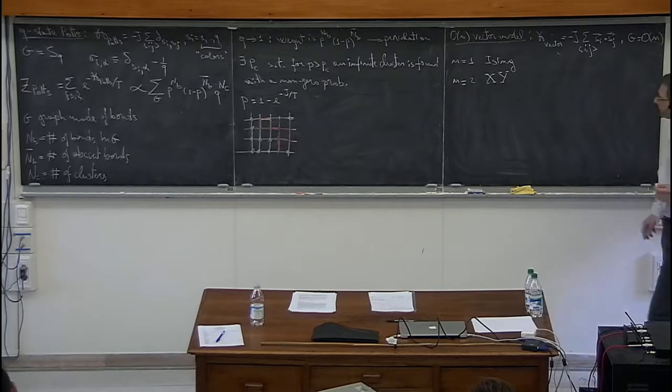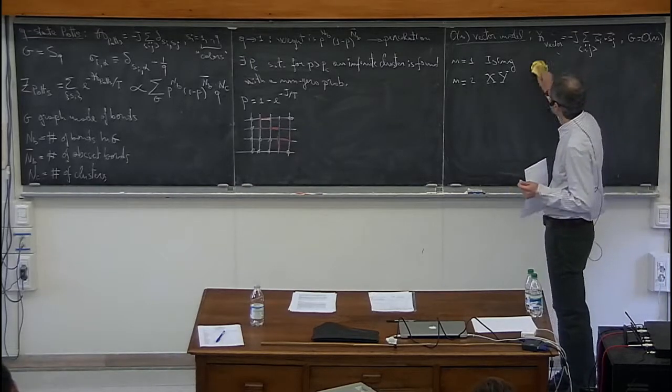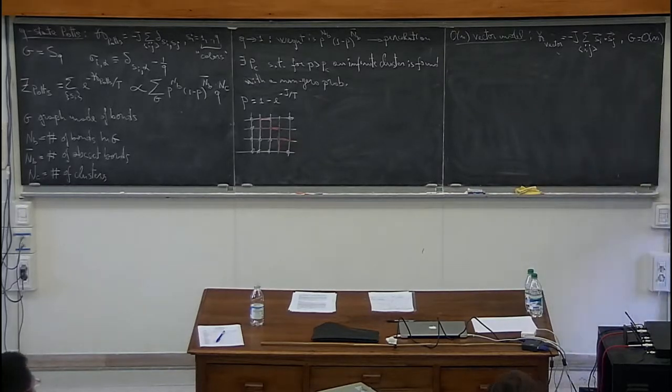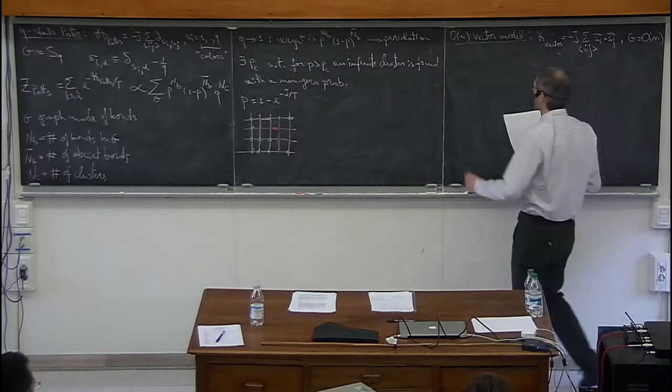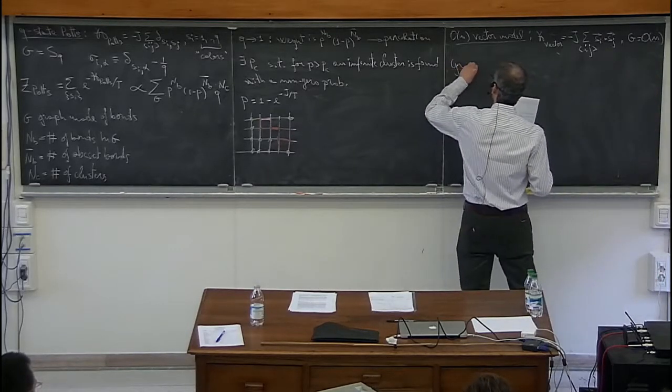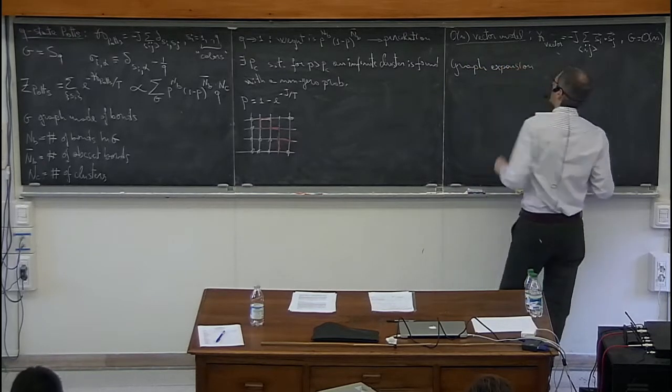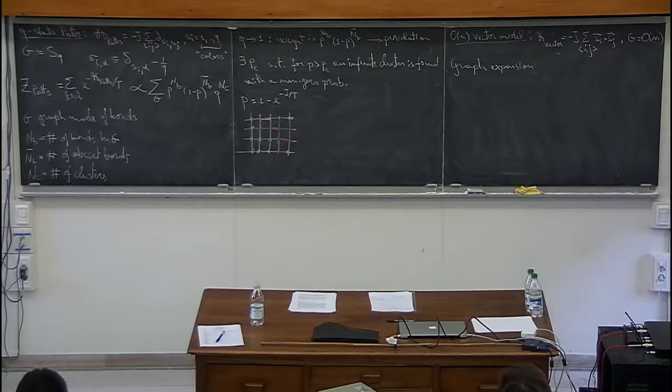Now, it is interesting that also the vector model allows for a graph expansion. I will not detail this expansion in a very precise form, because actually you have to start from a slightly different Hamiltonian, which anyway is in the same universality class. So this is what matters for us.